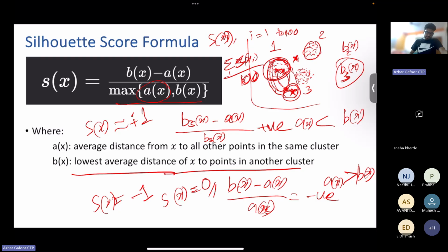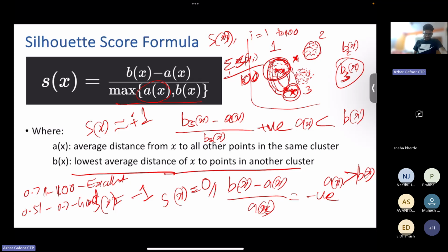Then if this mean falls between 0.71 and 1.0, this is an excellent clustering. If it is between 0.51 and 0.7, it's good enough clustering.